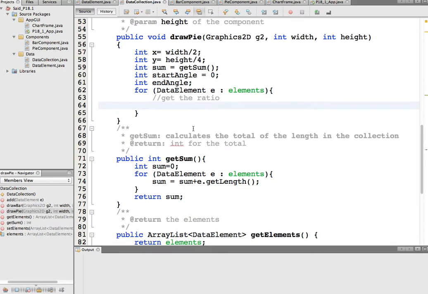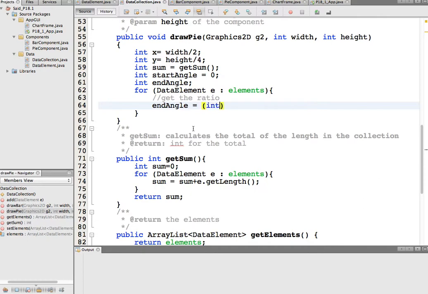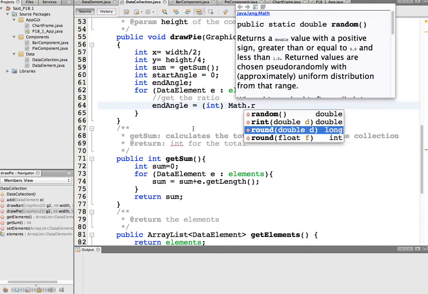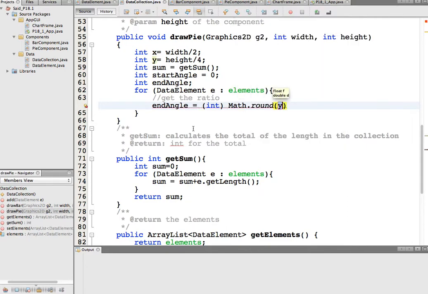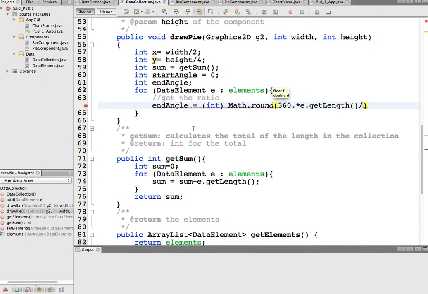But this time we're calculating an end angle. So we can say that the end angle is the math.round, and we'll need to cast that. And what we are rounding here is the multiplication 360 multiplied by the E dot get length divided by the sum.